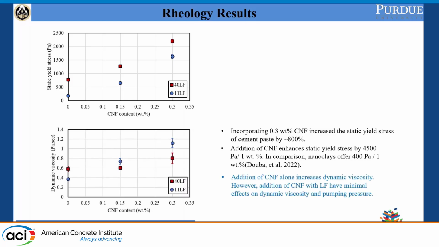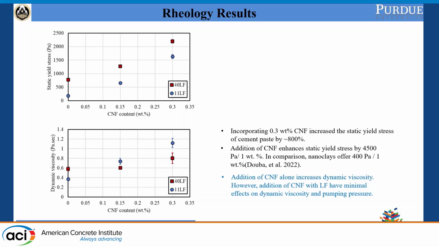The second parameter we are looking at is the dynamic viscosity, which is really related to the pumping pressure. As you can see, if we increase the CNF content, we also get an increase in dynamic viscosity, which implies a higher pumping pressure.